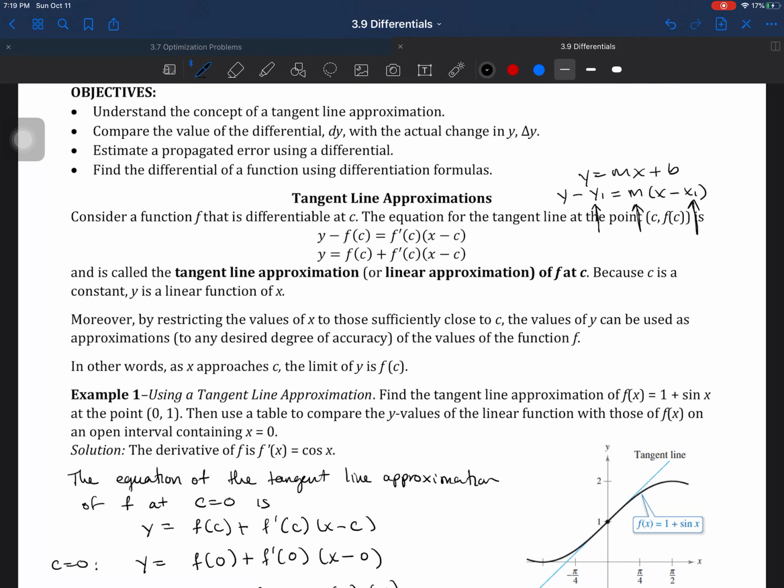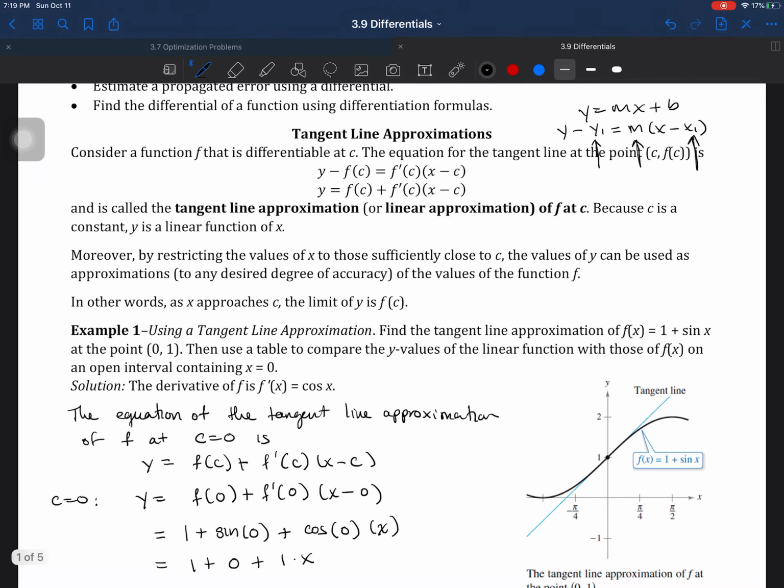Well, if we know a specific value c right there, then we're going to be able to create this equation of a tangent line by using the y value of this point and the x value of this point right here. So this point right here, let me write it out, is c, f of c, right?